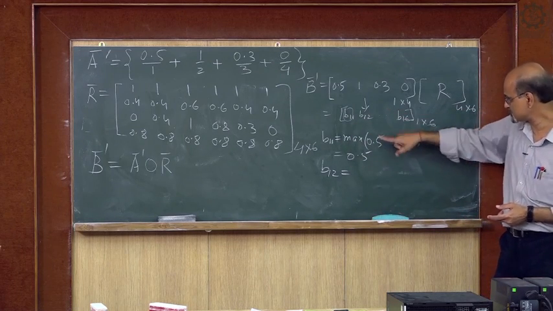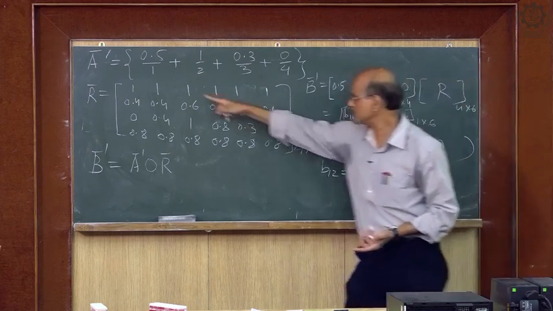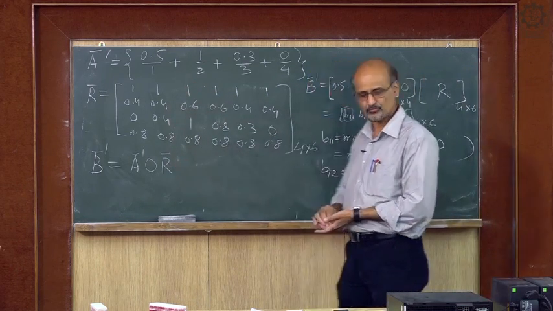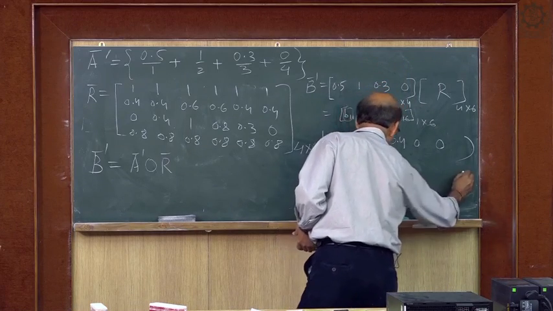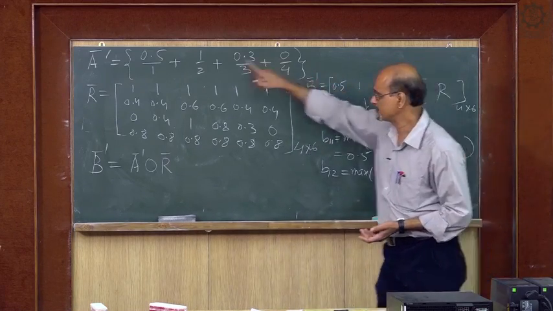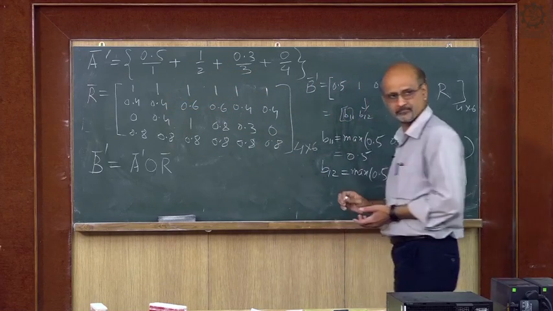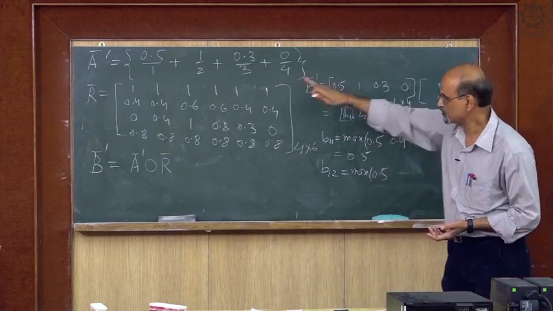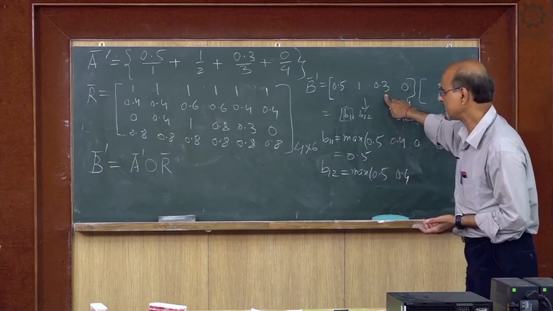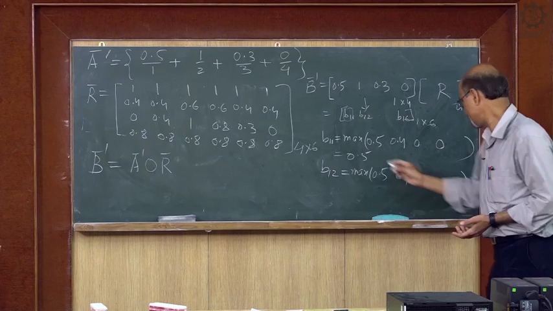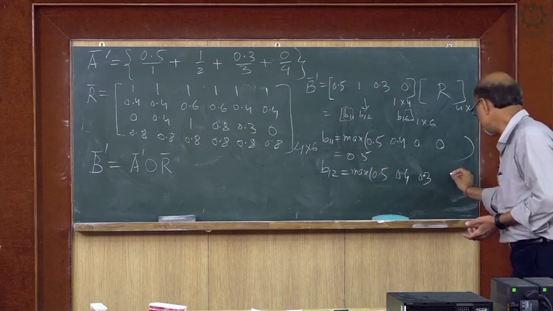Now if I want the second one, B12, in multiplication, this into second. So I have to write B12 as maximum of, see 0.5, 1 minimum, so it is 0.5, 1, 0.4, so it is 0.4, then 0.3, and 0, 0.8, that is 0.